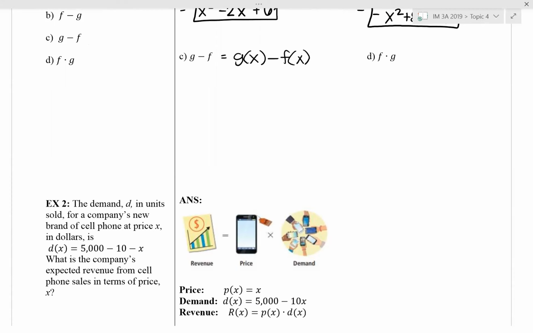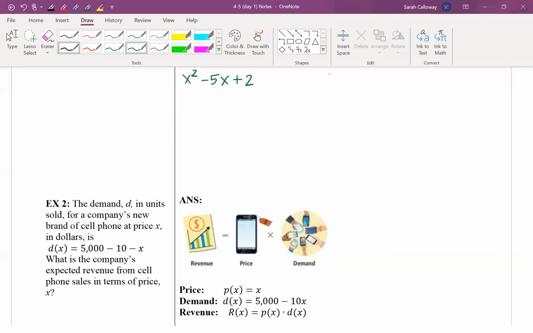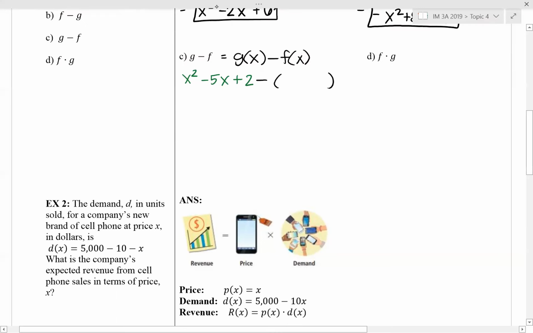This time we're starting with g of x, which is x squared minus 5x plus 2, and we're subtracting f, which is 3x plus 4.